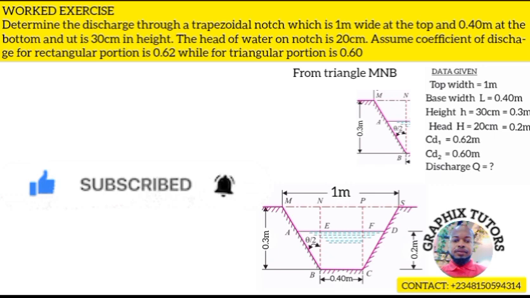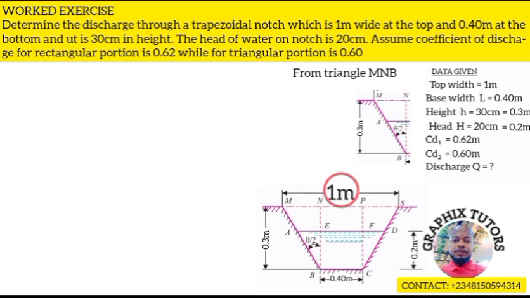Now, since the top width is 1 meter, that is from M to S is 1 meter. Then N to P is equal to B to C here, which is 0.4. So if I subtract 0.4 from 1 meter, I'll have 0.6.